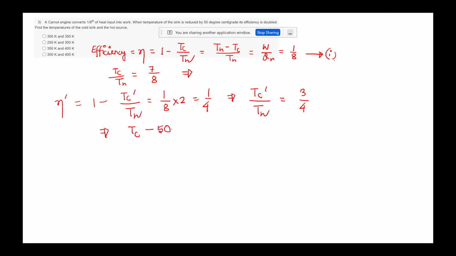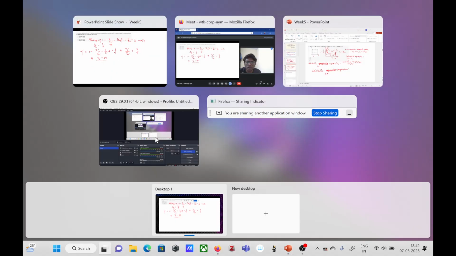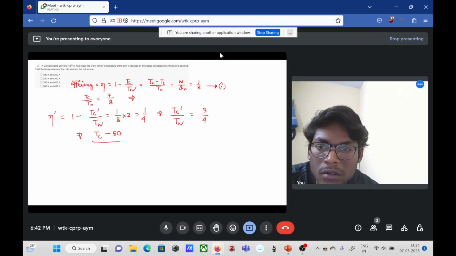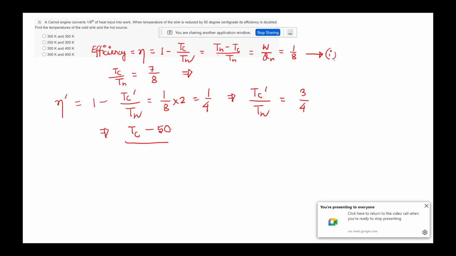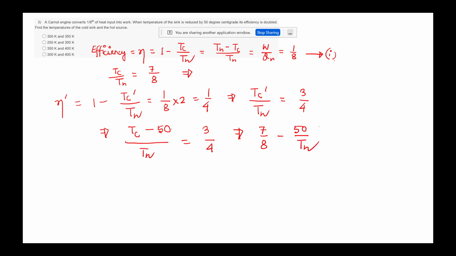Then Tc minus 50 by Th is equal to 3 by 4. And also we know Tc by Th is 7 by 8, minus 50 by Th. So this is relation number 1, this is relation number 2, this is relation number 3.